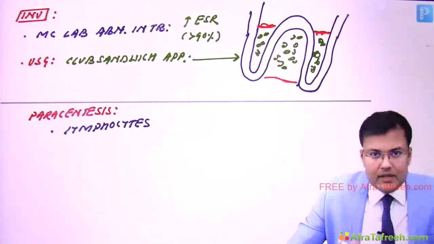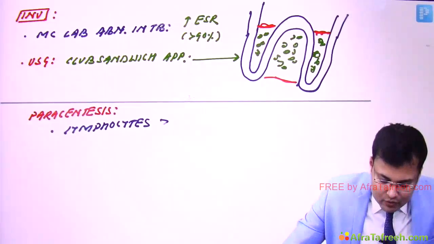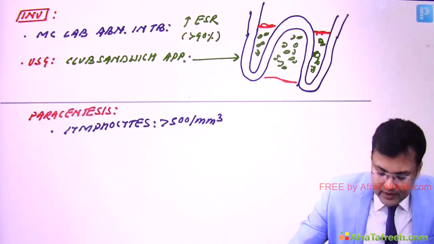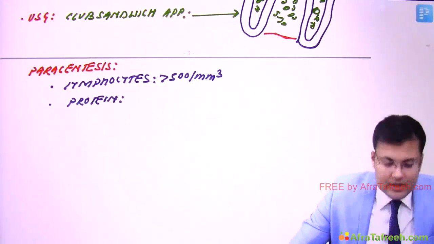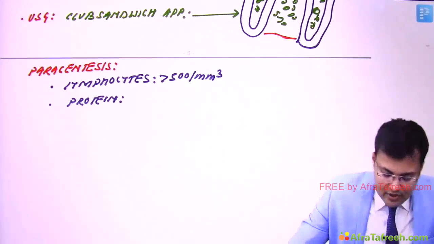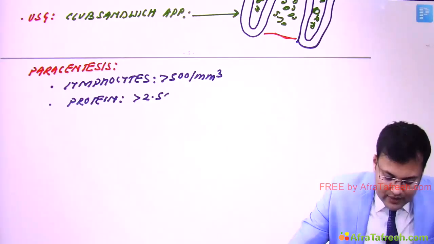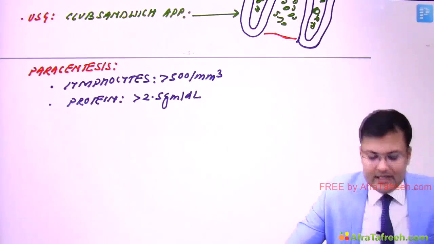You have to remember the number of lymphocytes, more than 500 per mm cube. Second, the protein content is relatively high. So how much should the protein content in ascitic fluid be? More than 2.5 grams per deciliter.